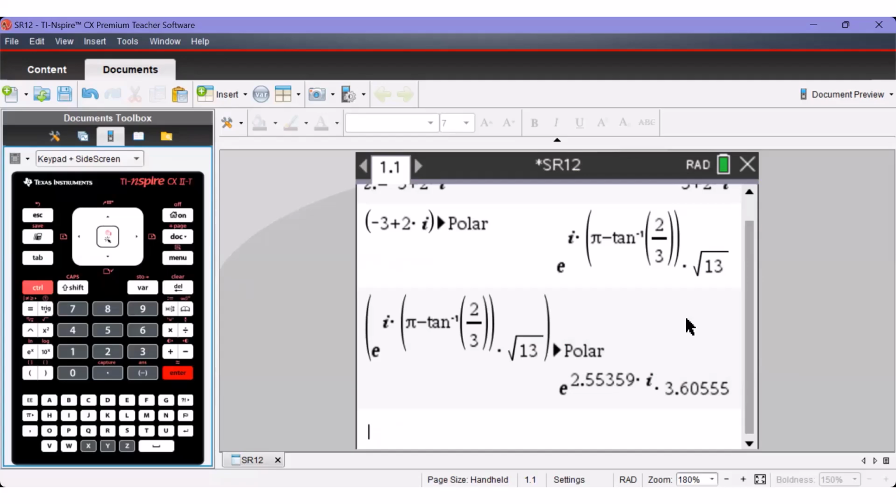So the answer to question 12b is that z is 3.61 cis 2.55, correct to 2 decimal places. And you can tell that 2.55 is within that bound of -pi to pi for theta. Also ensure in this question that your mode is set to radians.